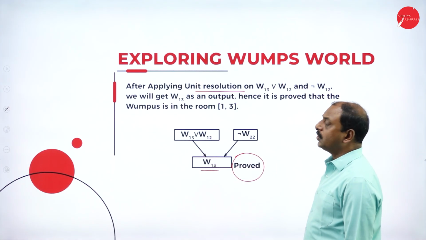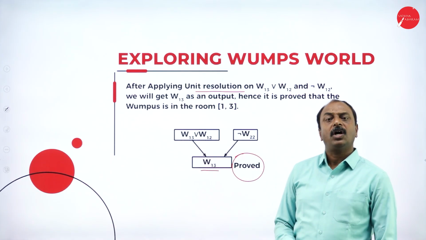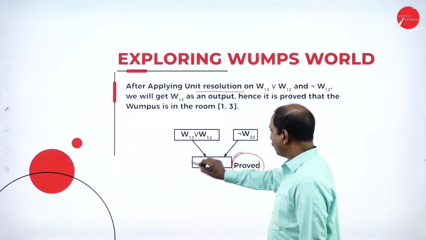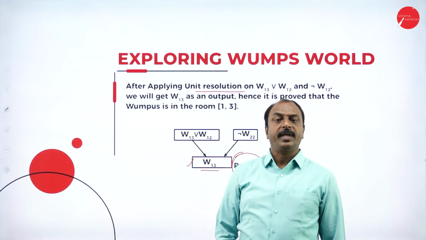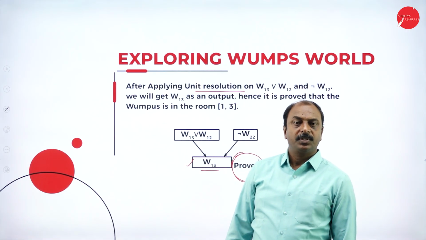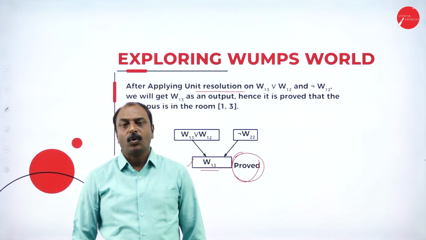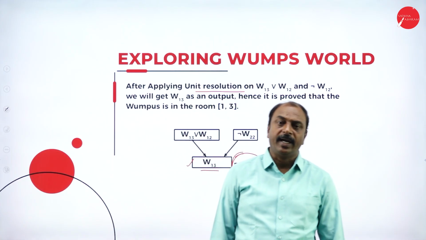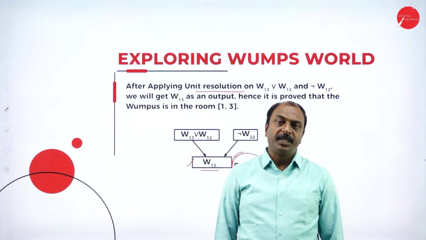That is the place. So this is how we have proved the presence of the Wumpus at this location by applying different rules and different formulas. This is one example for the Wumpus world, the common example to represent knowledge representation and reasoning through a KBA, knowledge-based agent.